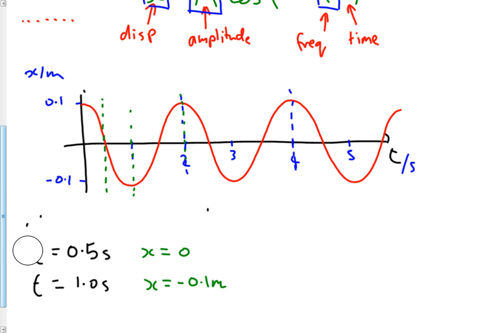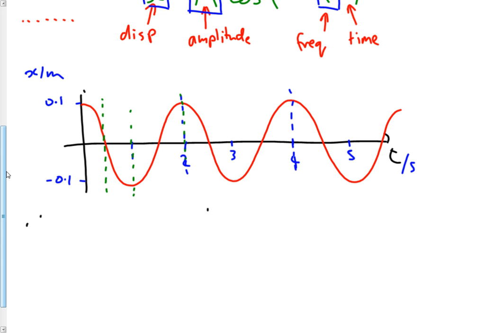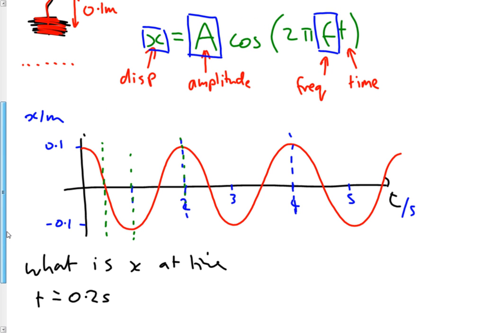But they could well ask you, what is the displacement x at time t equals 0.2 seconds or something like that. Now you're not going to be able to read that off a sketch graph like I've just done because it's a sketch graph. So what we're going to use is the formula.